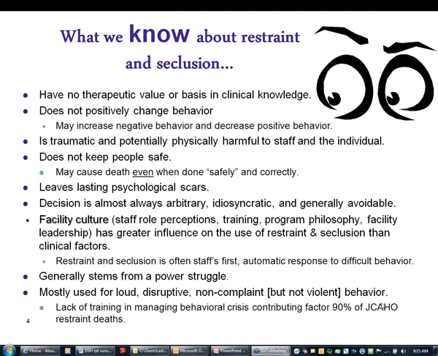We know that restraint and seclusion are traumatic and potentially harmful to staff and to the individual that's being restrained. Studies have been done of psychiatric patients who, years after their psychiatric hospitalization, will recall nothing of that hospitalization except for the period of time that they were restrained or secluded.